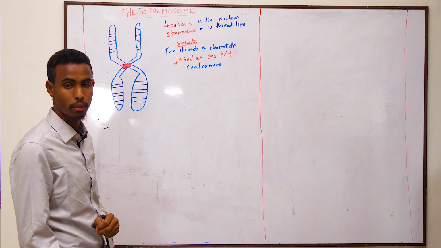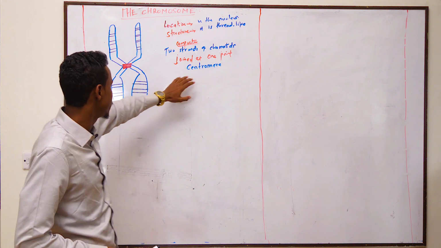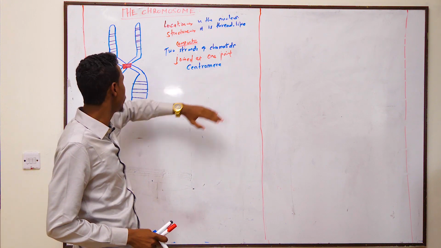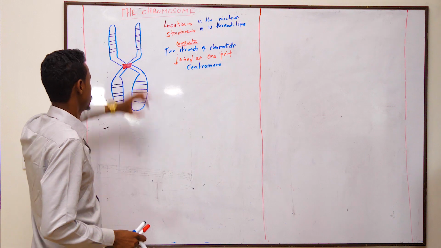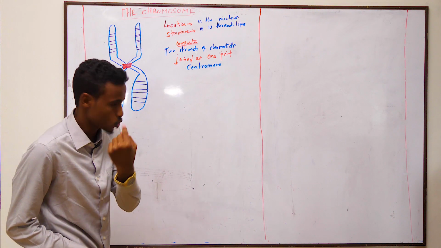These 2 strands of chromatids, at one point, are joined by a structure called the centromere. In other words, they are attached at the centromere. And this is one chromosome.